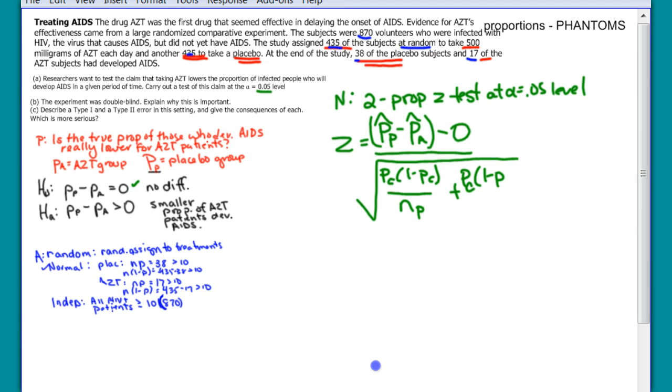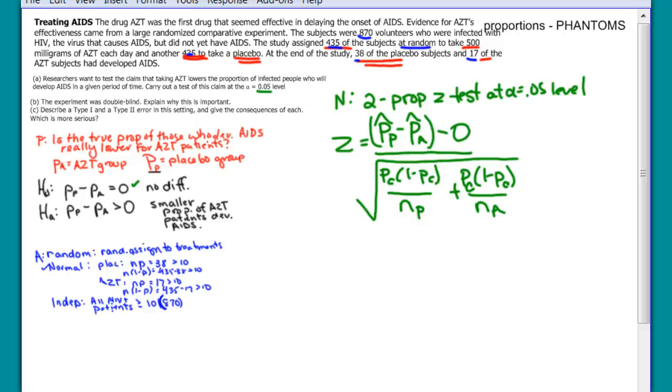Now remember, the reason that we do this combining is because if we assume that H0 is true, the true proportion of those who developed AIDS is somewhere in between the proportions that we had with AZT and without AZT.